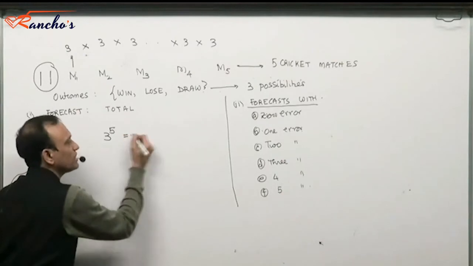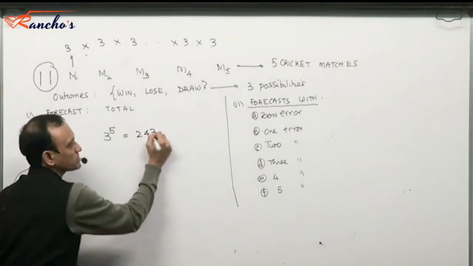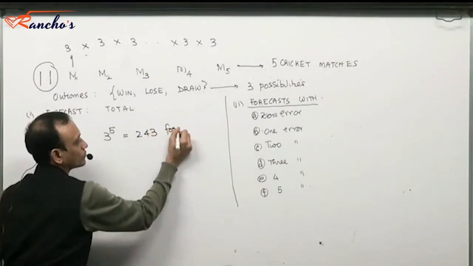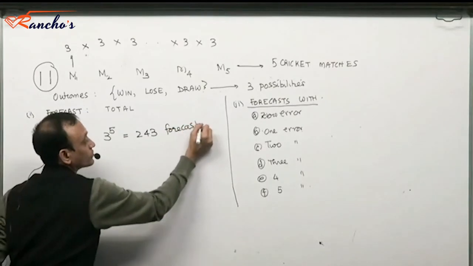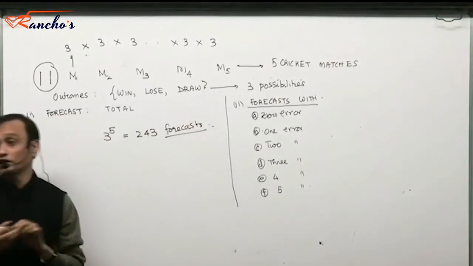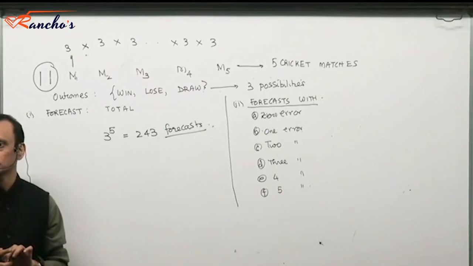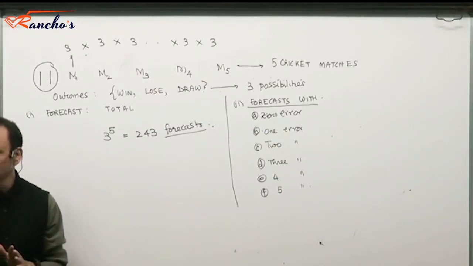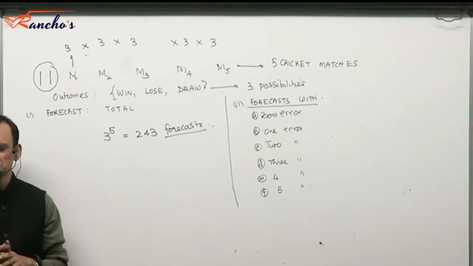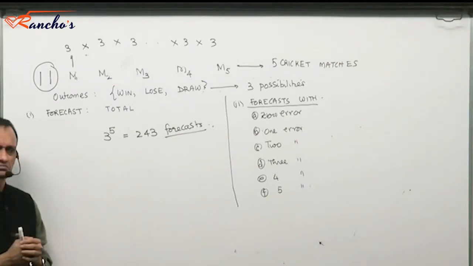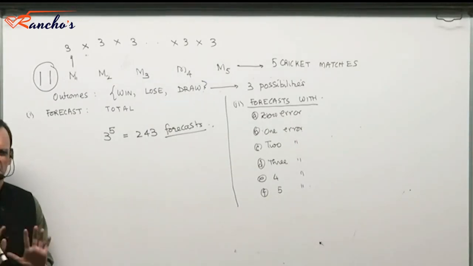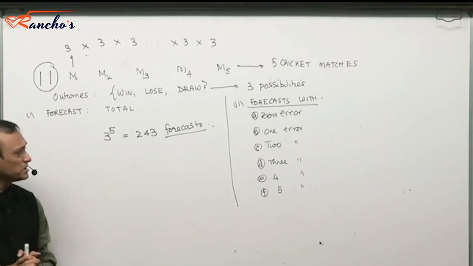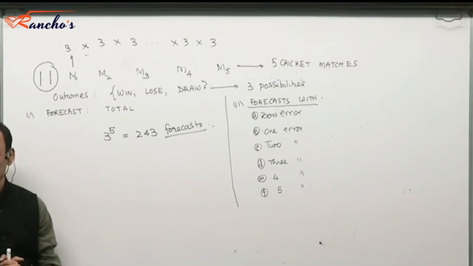So 243 forecasts and all are possible. There are 243 forecasts in all. It's not debatable, right?